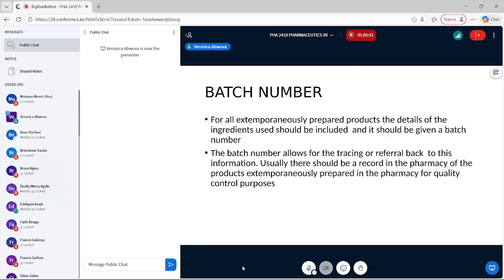So you may not have a name to indicate, but what you will basically write is, this preparation contains the following. You indicate those ingredients plus the strength, okay? The batch number allows for the tracing or referral back to this information. Usually there should be a record in the pharmacy of the products that have been extemporaneously prepared in the pharmacy for quality control purposes.